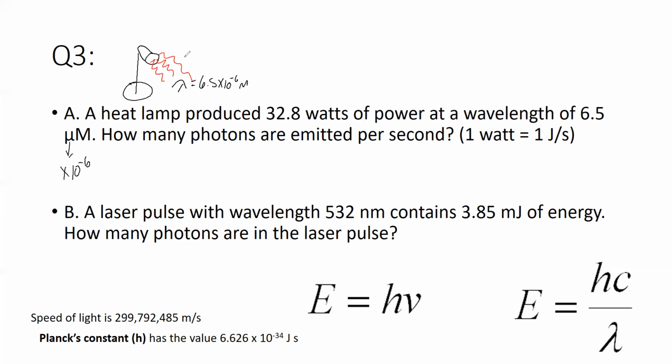And we know that this light is producing 32.8 joules of energy for every second that it's on, because it's 32.8 watts, and a watt is a joule per second. So how many photons are emitted per second? That's the question.